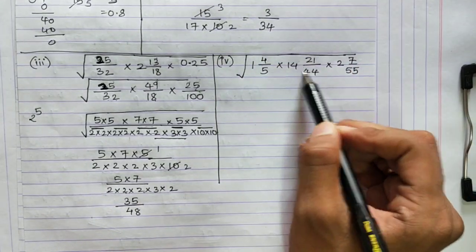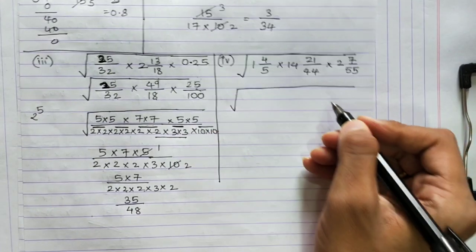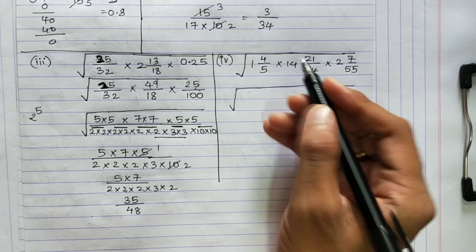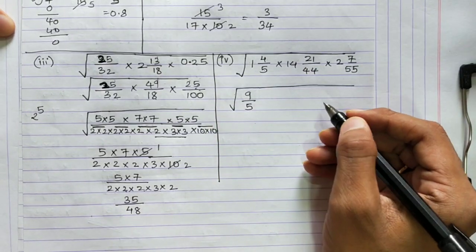First we will solve these mixed fractions. 5 1s are 5 plus 4 is 9, so 9 upon 5.